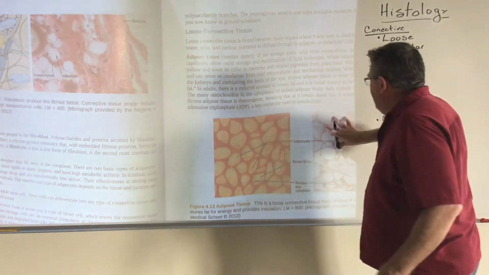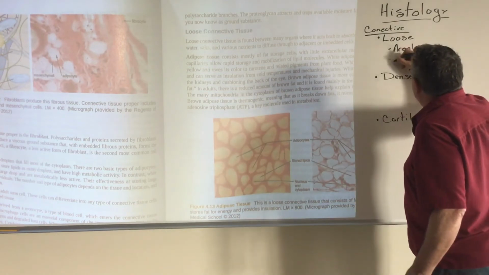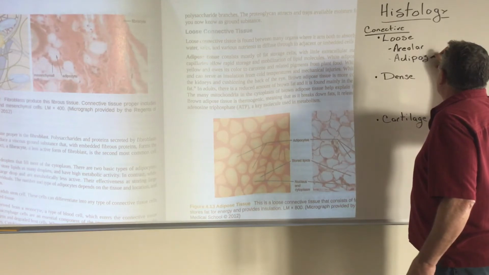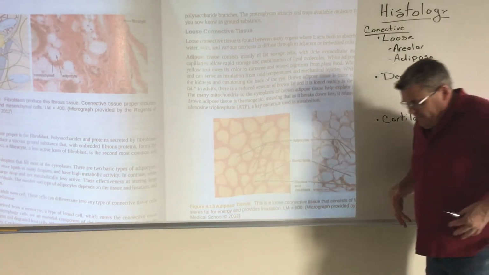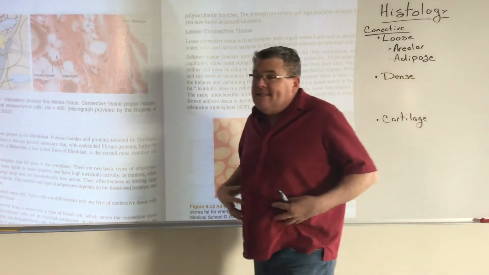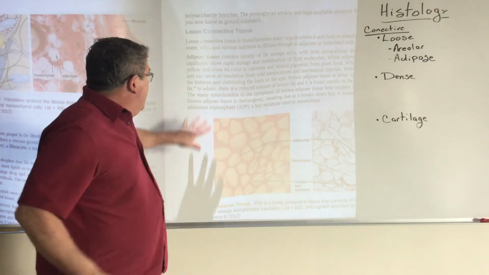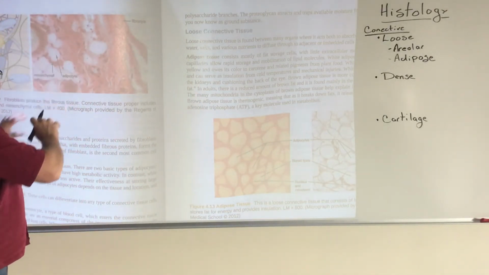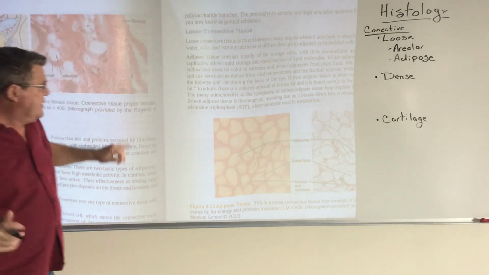The one that you see down here, and I think I was trying to draw this right before spring break, is adipose. Adipose, it's fat. I've got a lot of subcutaneous fat. If you compare this, we've got a few cells in there, but we've got this whole hodgepodge of other things.